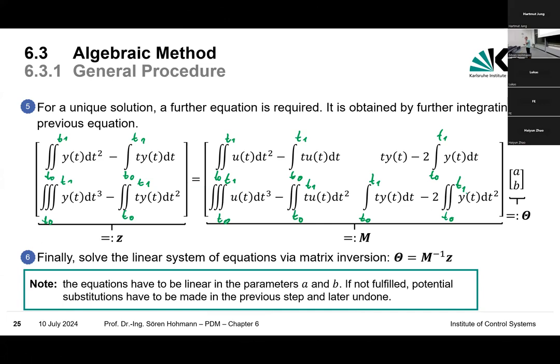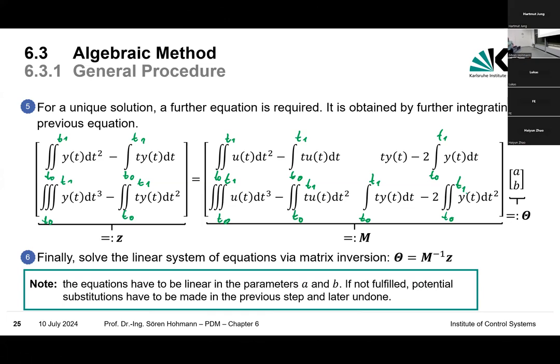There's a second way to generate a second equation. The second way to generate this equation is based on looking at different time intervals. Well, T0 to T1, T1 to T2. Also possible. You can also look at 3 time intervals, 4, 5, 6, 7.